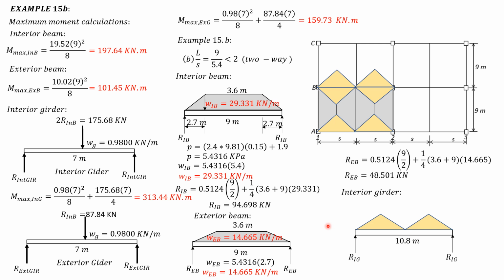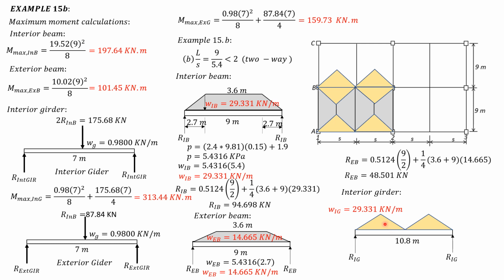Then this one also is 29.331. Then we have a concentrated load at the center, which is 2 times 94.698.